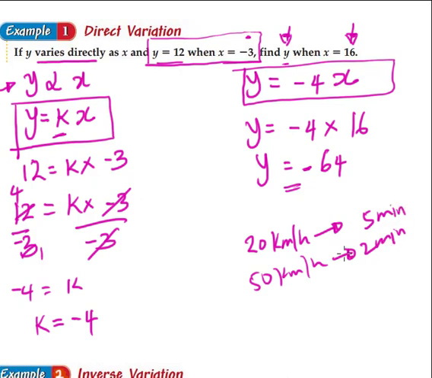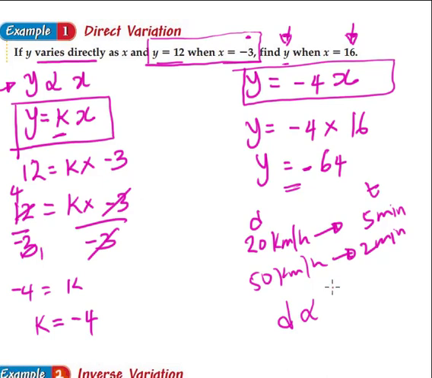So this is another type of variation, and this type of variation is called inverse variation. As one quantity increases, the other quantity decreases, or as one quantity decreases, the other quantity increases. So here we're talking about distance and time. Here we'll just say the distance is inversely proportional to time.